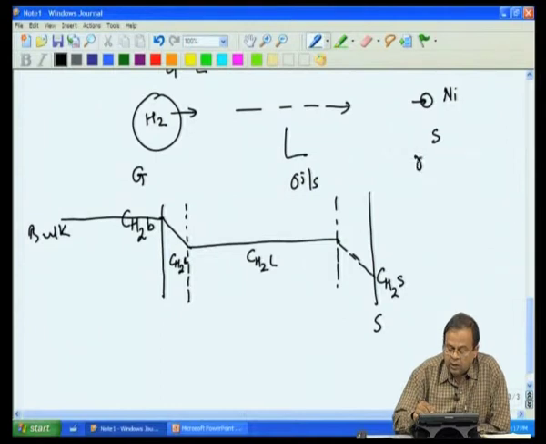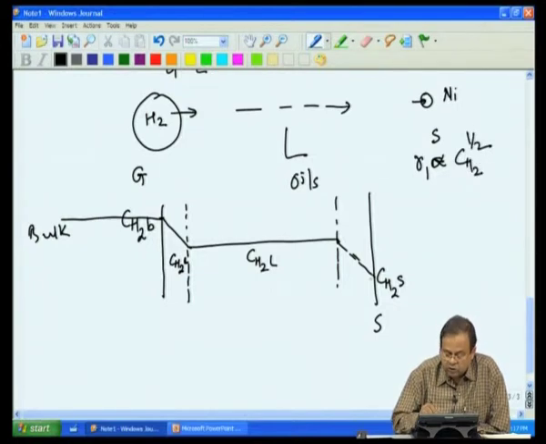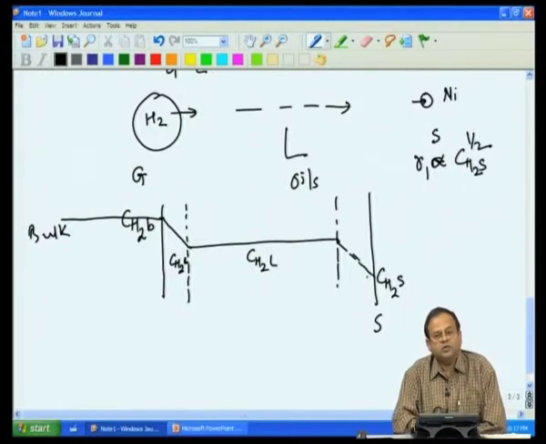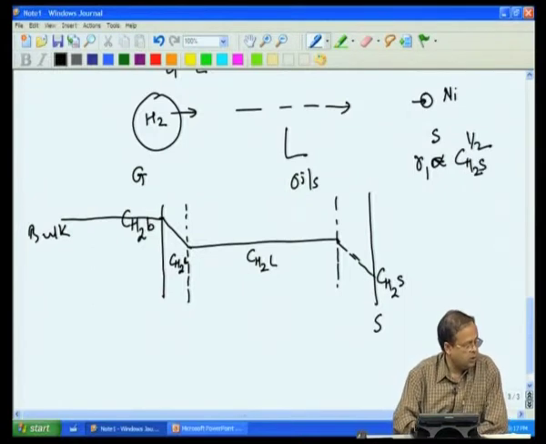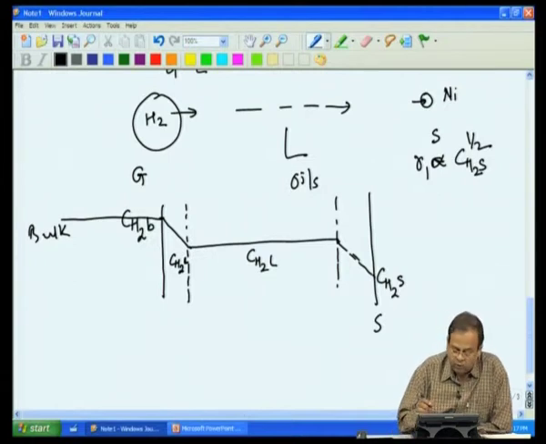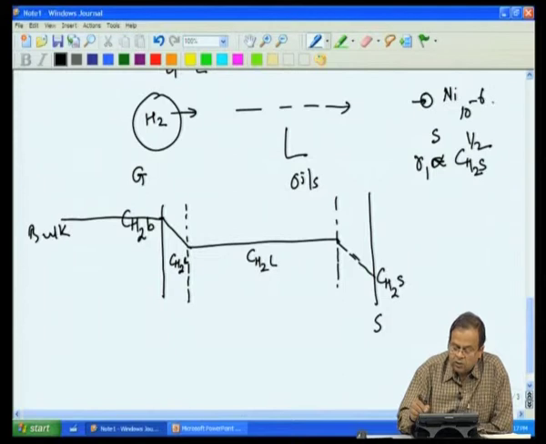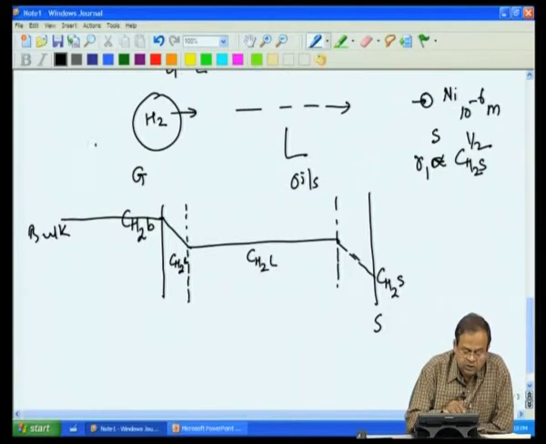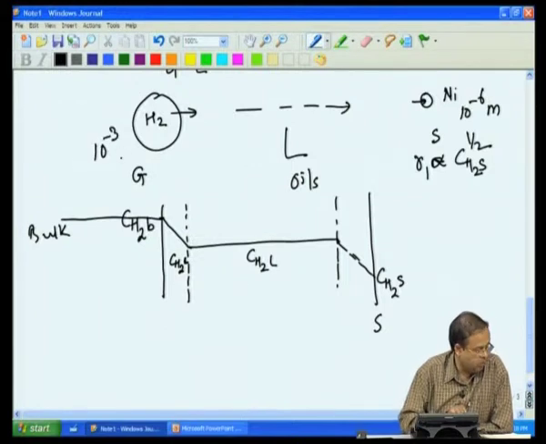Now, all the kinetics that we wrote, that is R1, R2 and so on, we said R1 is proportional to CH2 raised to half. That concentration must be the concentration on the surface of the catalyst. Now, here once again we are going to make another assumption. Typically, what is seen is that this is a micron size particle and these are millimeter size bubbles.